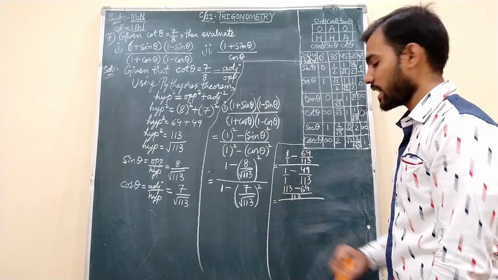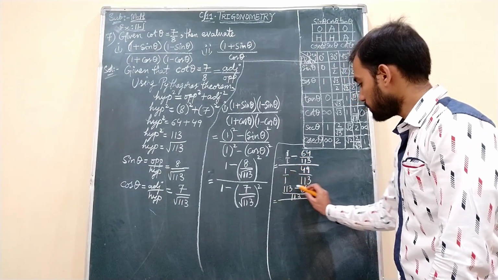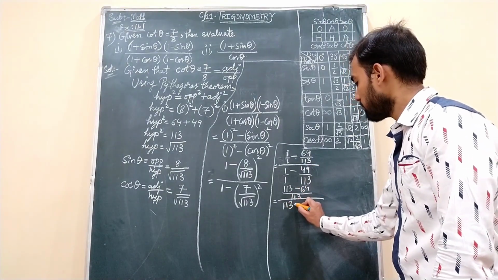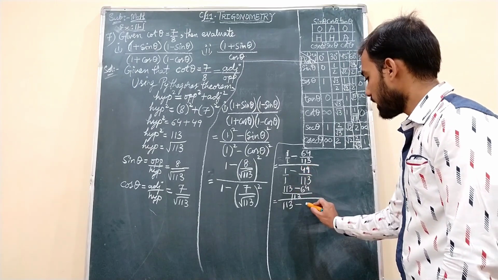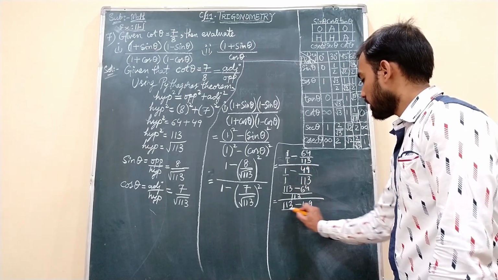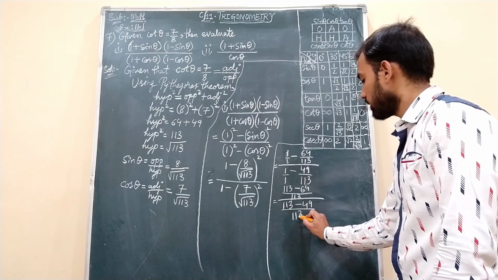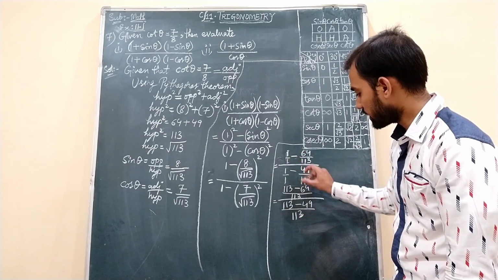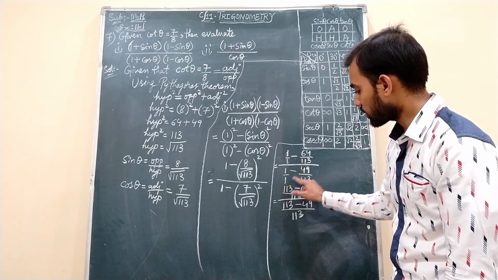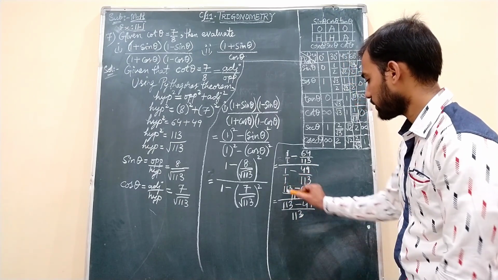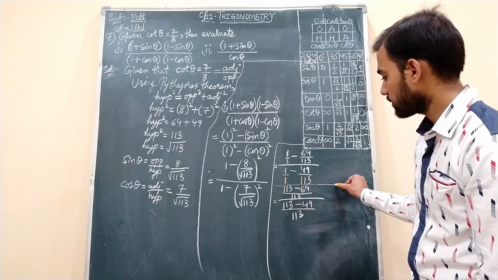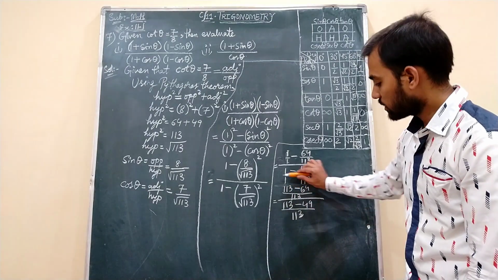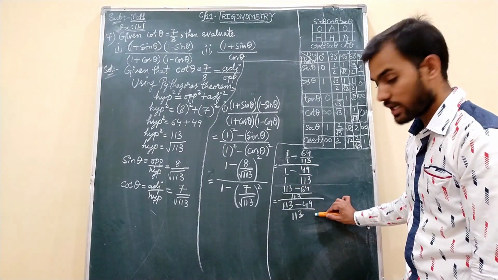Numerators cross, denominators direct. Don't get confused: till here it is one step and from here it is another step.